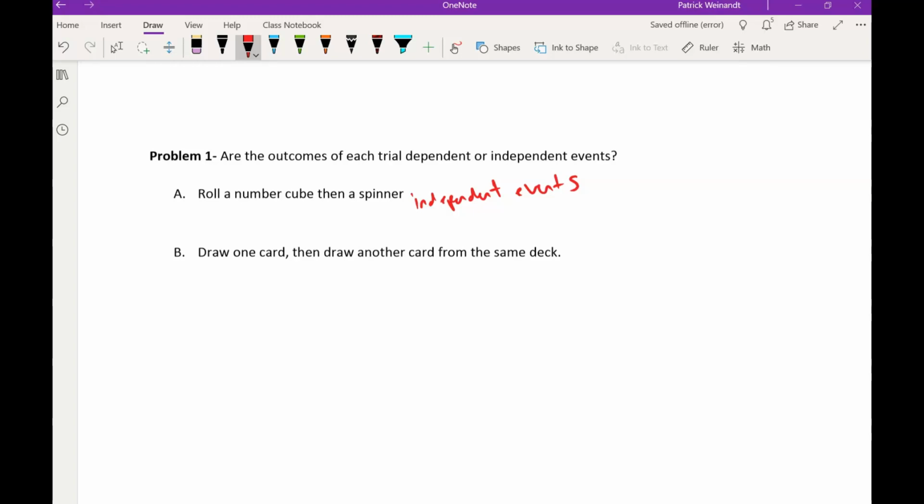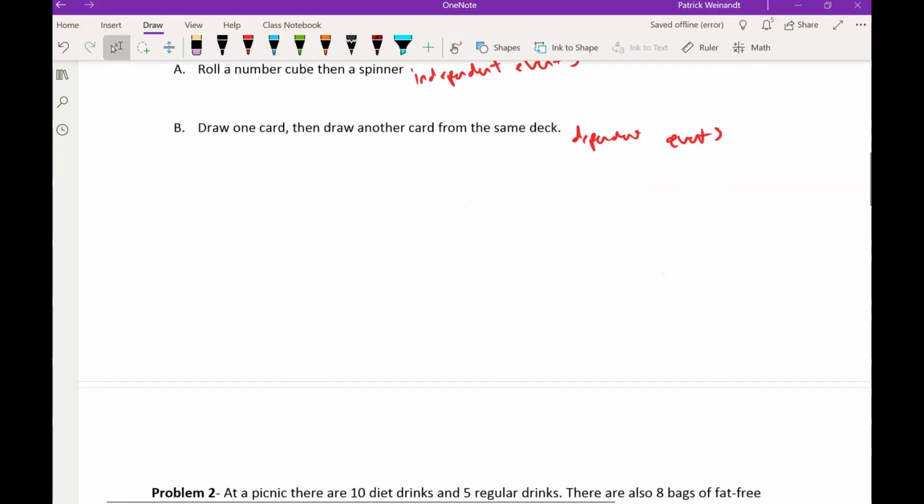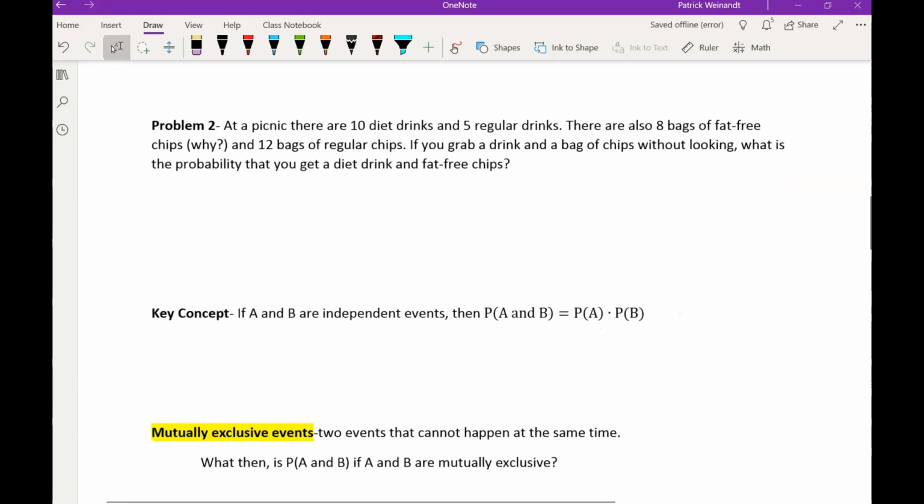So yeah, the first event does impact the second event. We would say that these are dependent events. The reason is that the first card you draw impacts the second card, right? So they are dependent events. Okay, that's just an example of what those terms mean.